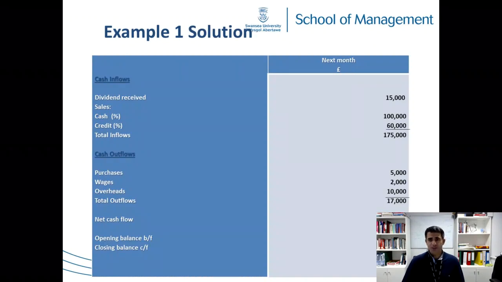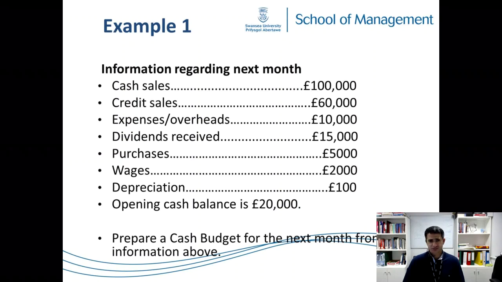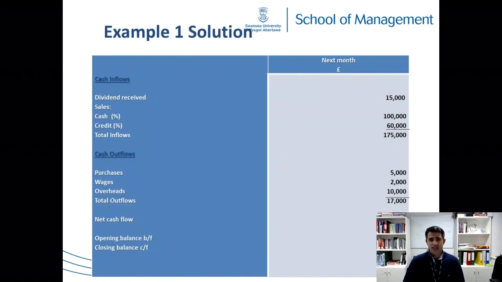So we start with dividend received, £15,000, as you see, and for cash sales we have 100,000, and for credit sales we have 60,000. So if you add them up, it makes a total of 175,000, which is the total cash inflow.